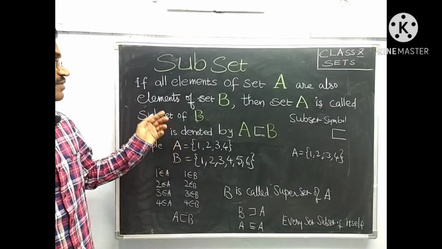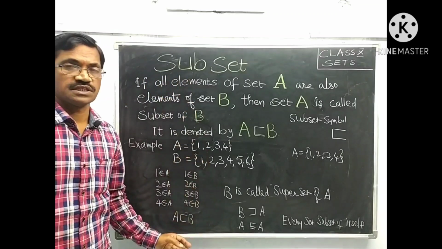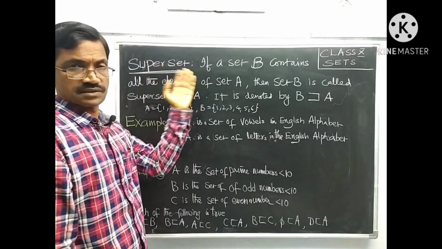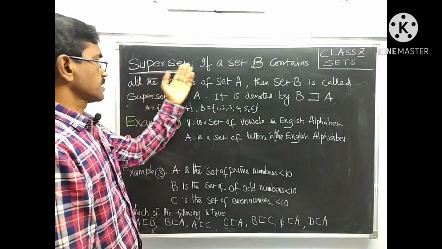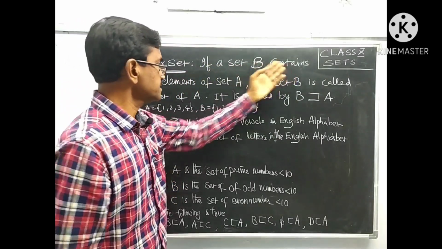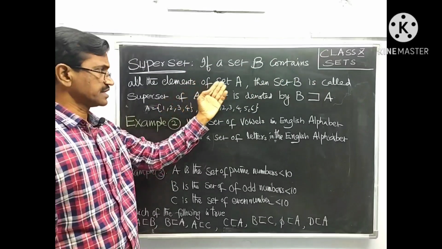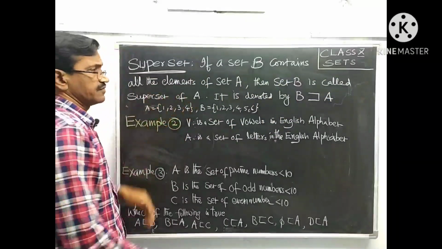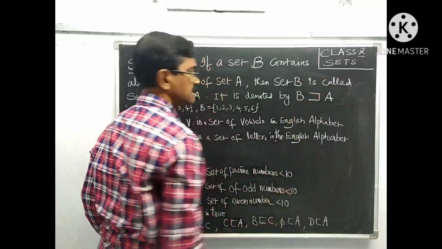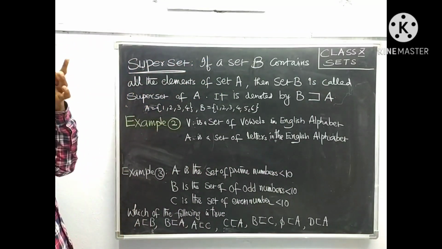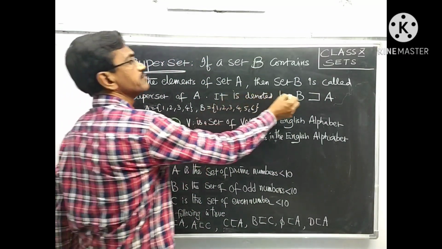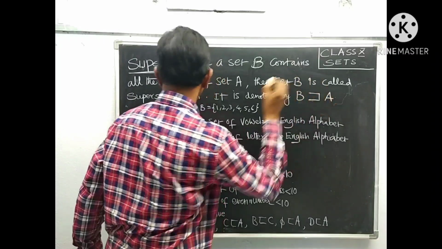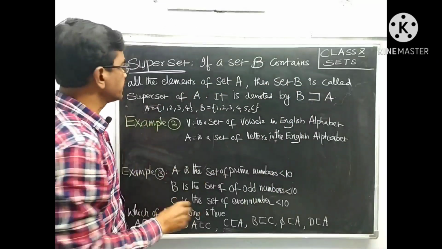So, in this way, we understood the concept of subset. Superset: if set B contains all the elements of set A, then set B is called a superset of A. It is denoted by B superset of A. Let us take an example here.